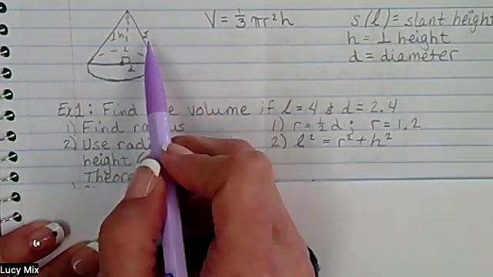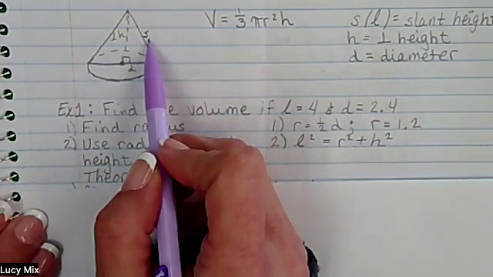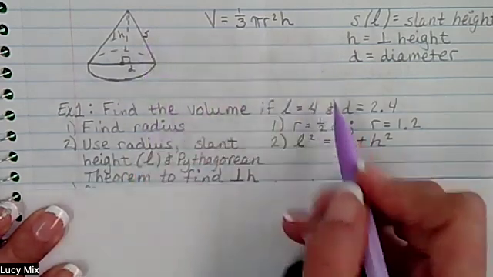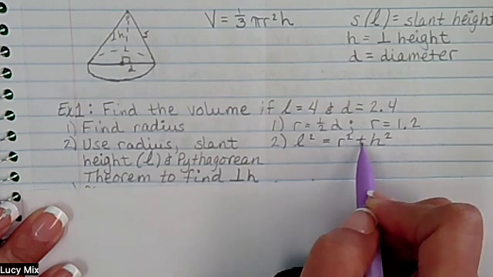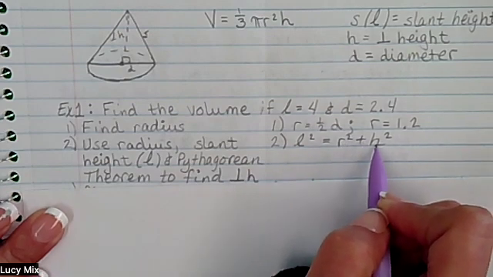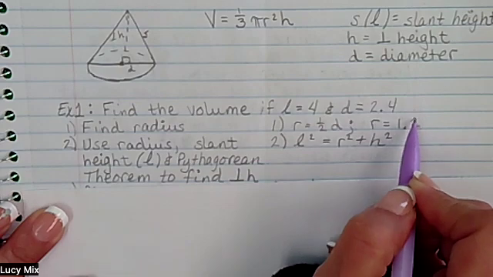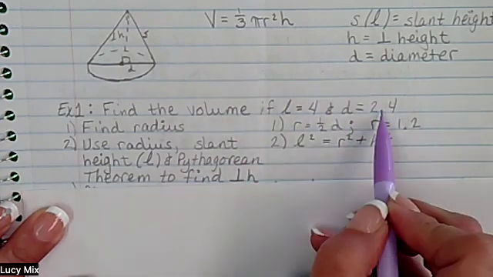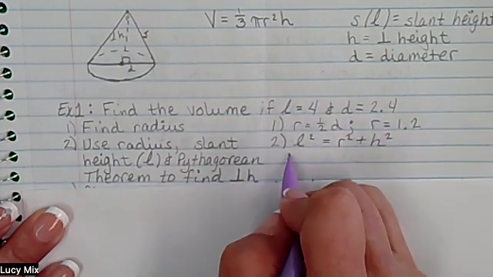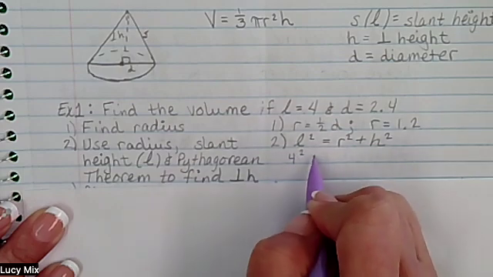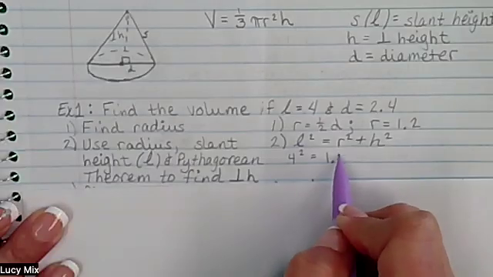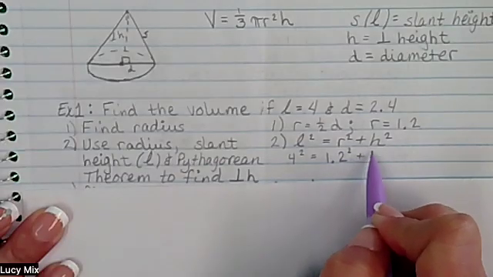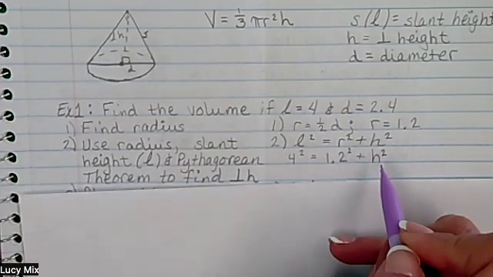Slant height, again, notice, is the hypotenuse of the triangle. So slant height squared equals radius squared plus perpendicular height squared. Slant height told us was 4, so we have 4 squared equals radius of 1.2 squared plus h squared.